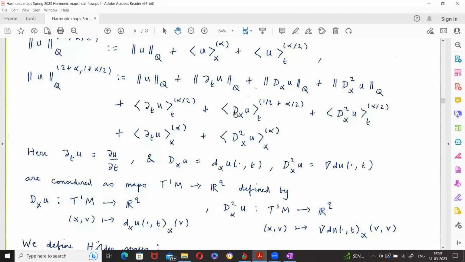And then for the first derivative, d_x u, I'm going to take its Holder norm in the time variable, half plus alpha by 2. Then in the space, and then for the second derivative, I'm going to take the alpha Holder norm in the space variable and the alpha by 2 Holder norm in the time variable. Okay. Is this all right? So it's a bit complicated, but not too much. Okay. Is this okay? Yes, sir. Okay.